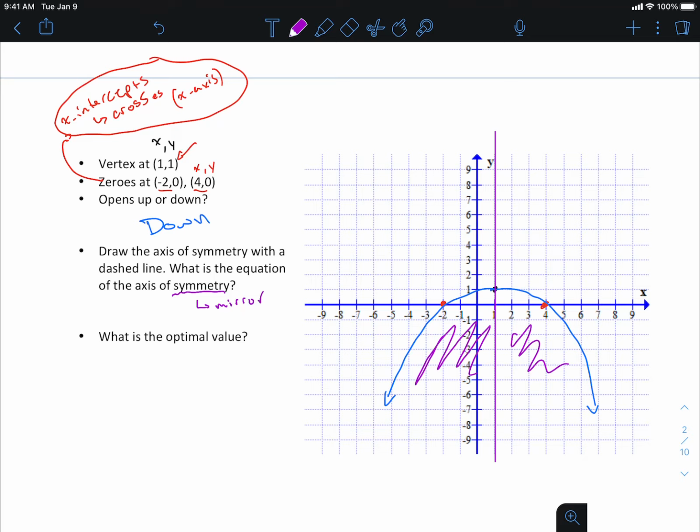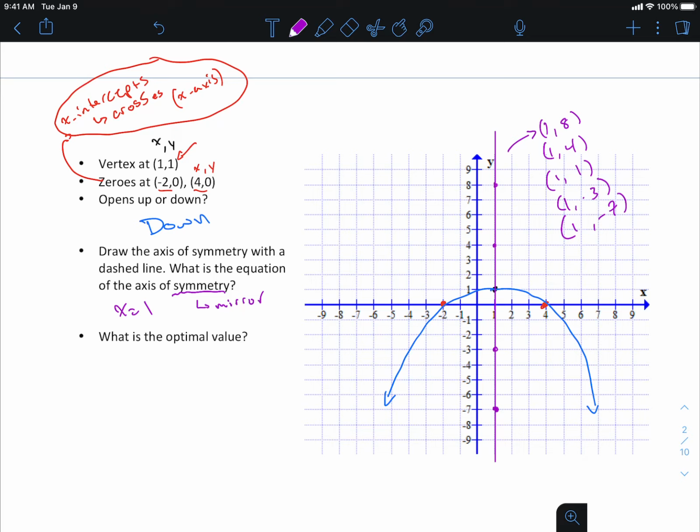Okay, how do we know where it goes? Well, it goes through the middle of the graph. The middle of the graph occurs when x equals 1. Remember we talked about if I plotted a whole bunch of points on here, we'd get something like (1, 8). We'd get (1, 4). We'd get (1, 1). We'd get (1, -3). We'd get (1, -7).